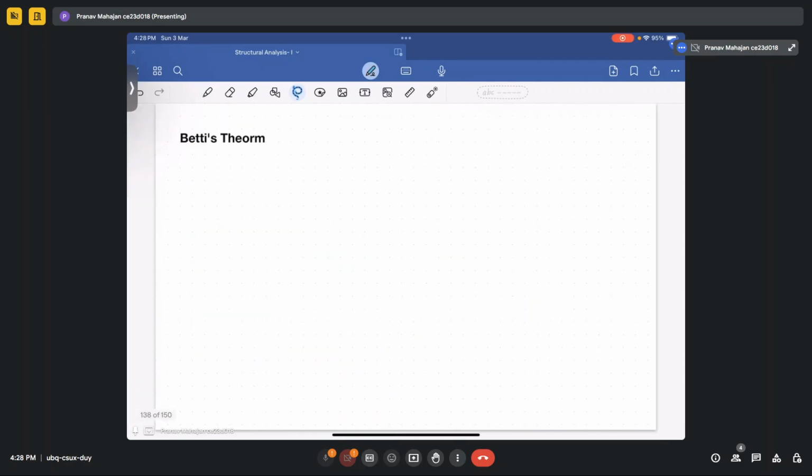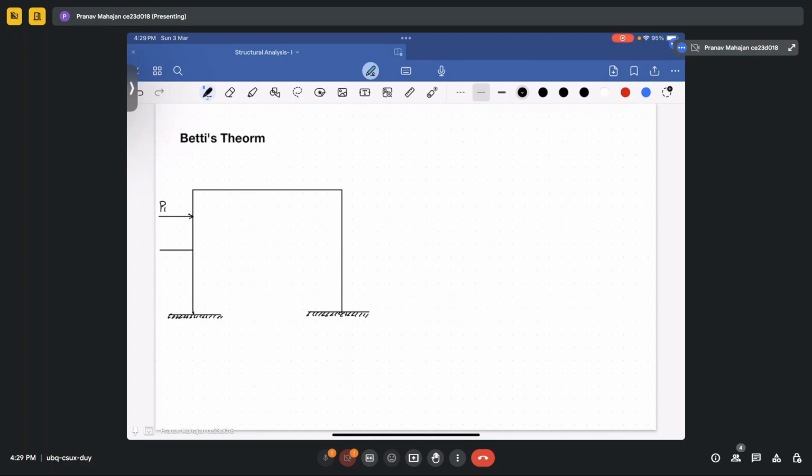So what Betti's theorem says is, suppose you have any frame, fixed at both the ends, subjected to two point loads. This is P1 and another point load P2.